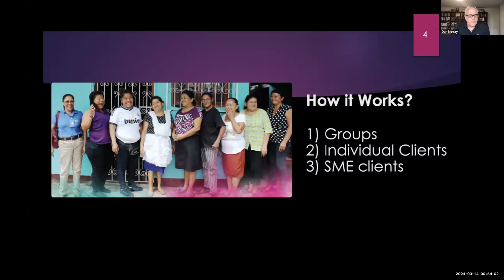I just returned from a little over a week in Nicaragua, where this is still the primary model, and it's proven to be quite successful. The repayment rates are very high because the community selects the members of the group, and if one member can't make a loan payment, everyone else has to pitch in. So you can imagine the social pressure on individuals to make sure they're carrying their weight.